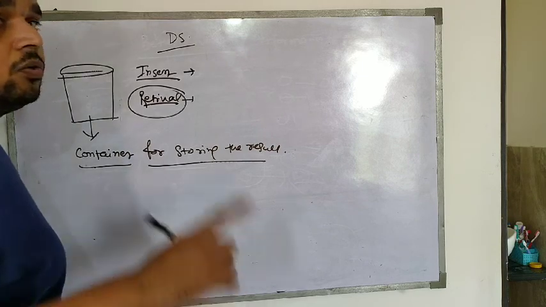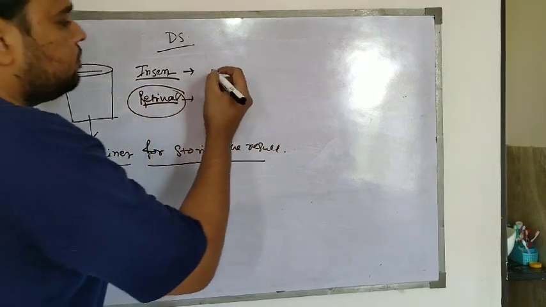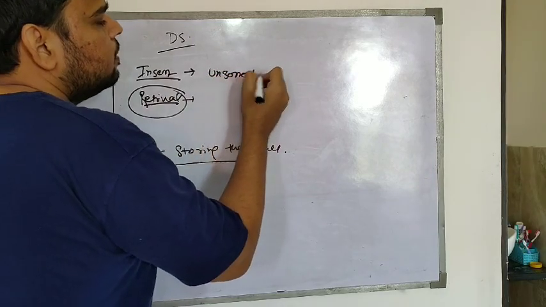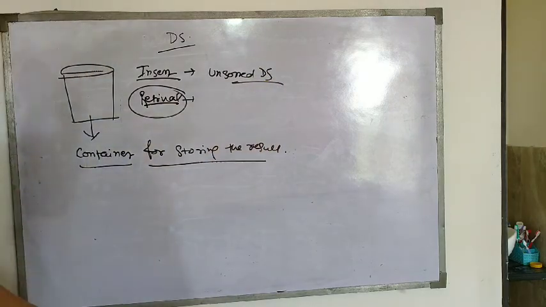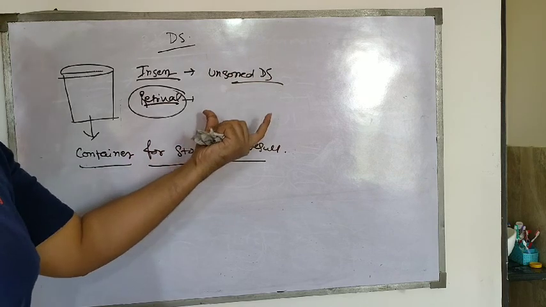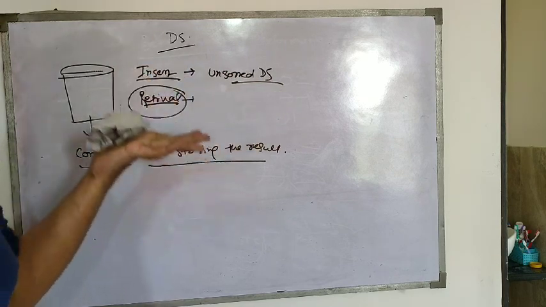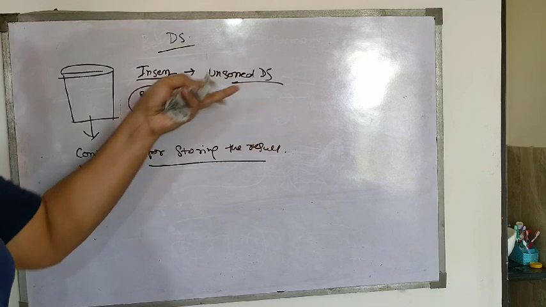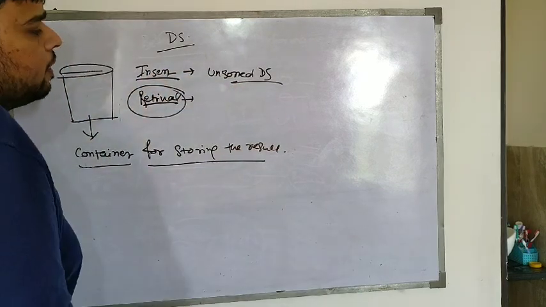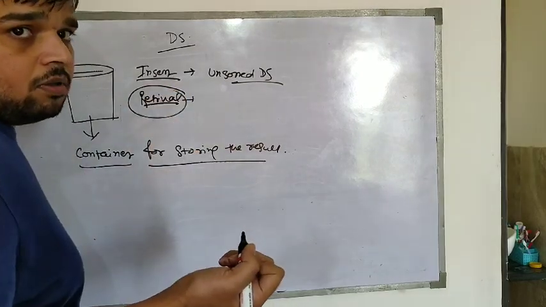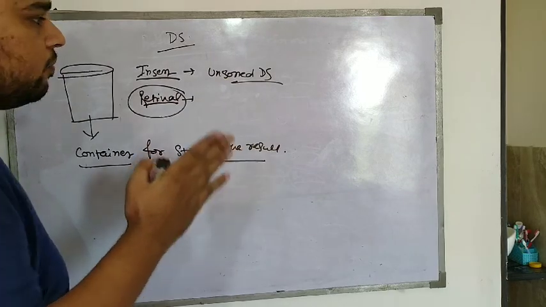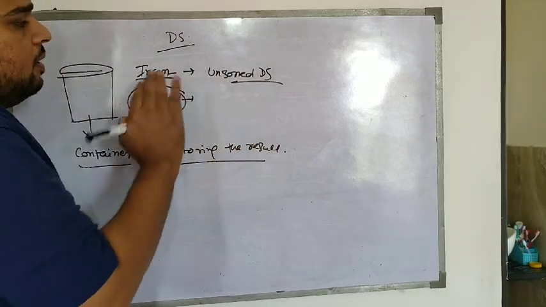If you want to insert fast, you can use any unsorted data structure. In an unsorted data structure the elements are not maintained in sorted order when you insert them, so you can place your element anywhere, but retrieval will be slow because there is no defined order of elements.